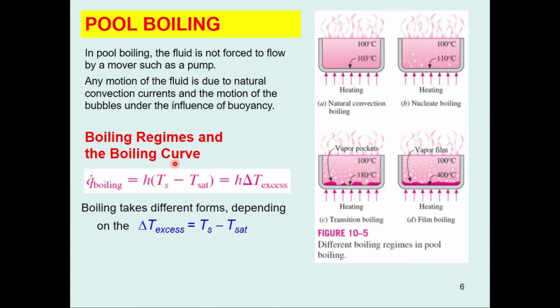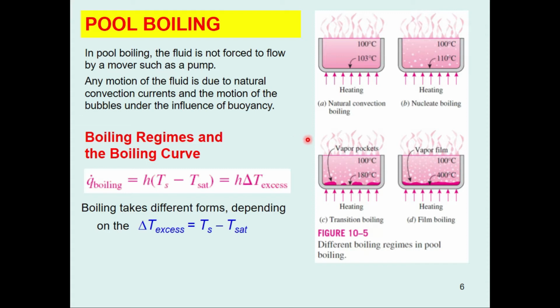So what are the boiling regimes, and how can we classify and differentiate them into different regimes? The main thing on which we differentiate the boiling regimes is the delta T excess. And as I have said earlier in the previous slides, the delta T excess is the difference between the surface temperature and the saturation temperature.